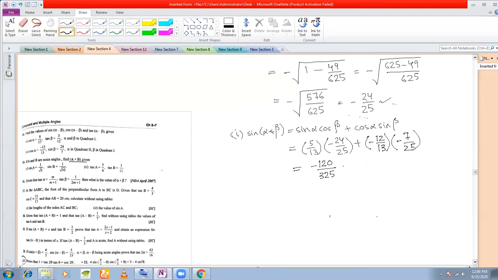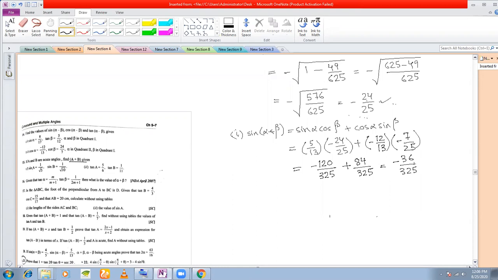And this is plus 12 into 7 is 84 divided by 325. So this is 120 minus 84, which is minus 36 divided by 325.